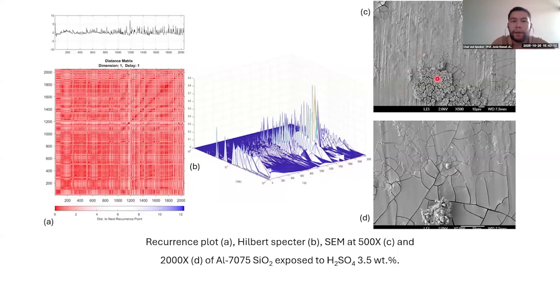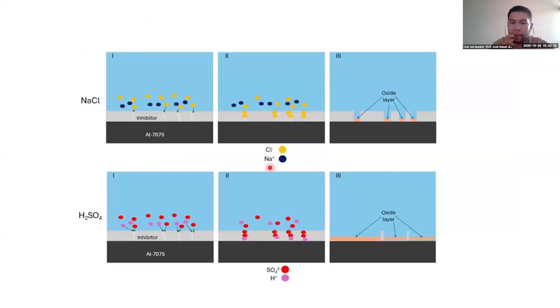However, in the micrography, you can see how the content is still in some areas, and that means that the corrosion behavior or the corrosion system is the same. What is the difference?